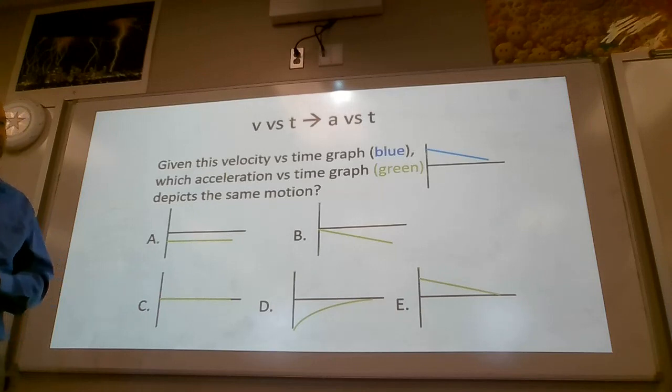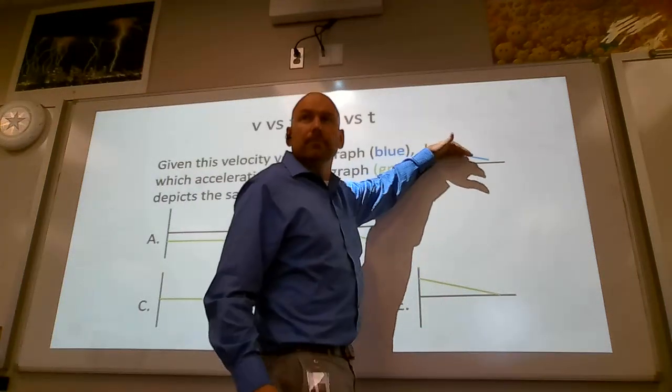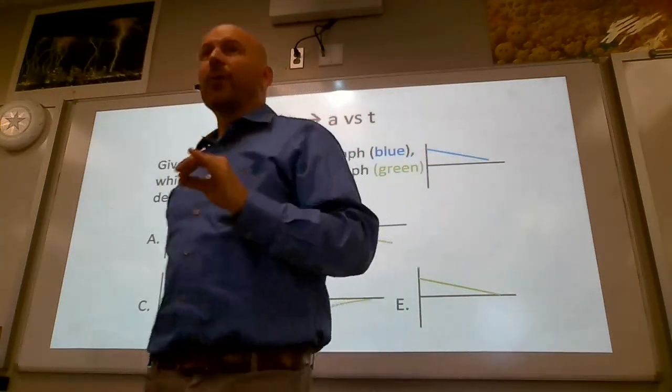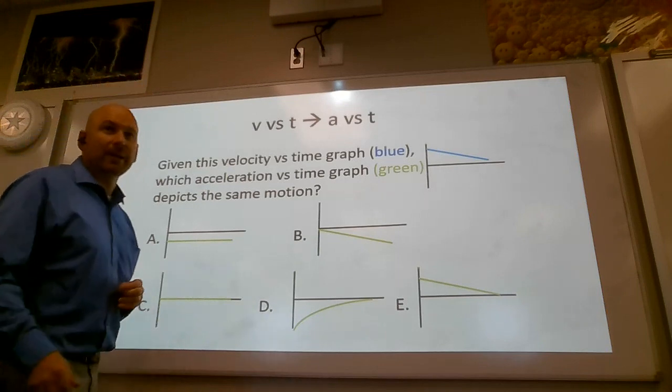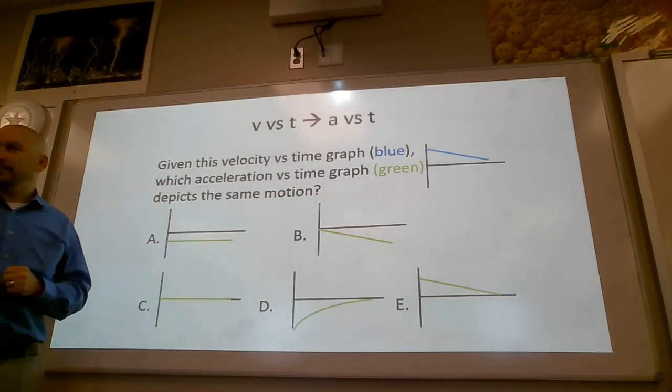Okay, you're slowing down in the positive direction. Now, here's a little tip. Last chapter we said that velocity versus time graphs will always be straight lines, not horizontal lines, but straight. Therefore, acceleration versus time graphs, because of that limitation, are always going to be horizontal lines.